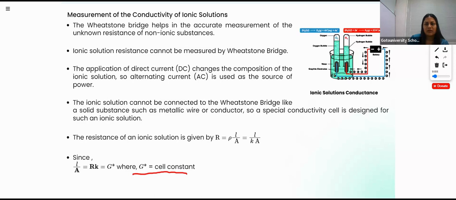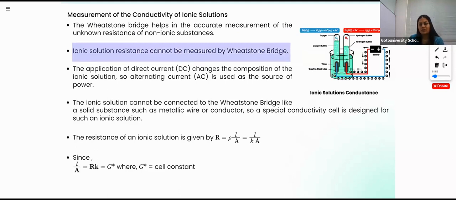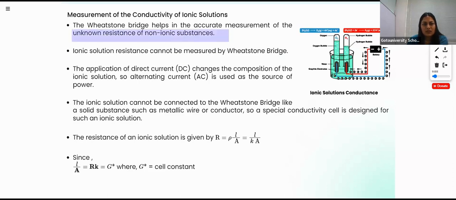Now, the Wheatstone bridge helps in the accurate measurement of the unknown resistance of a non-ionic substance. Can the resistance of an ionic solution be measured by a Wheatstone bridge? As I discussed, in the Wheatstone bridge we were doing the calculation to measure an unknown resistance formed due to non-ionic substances.